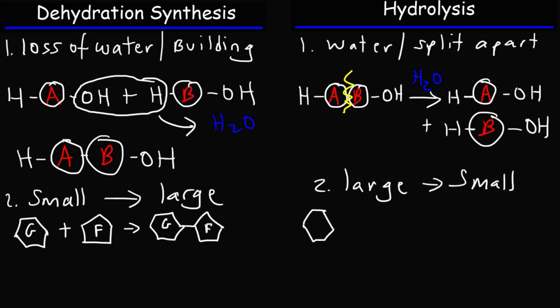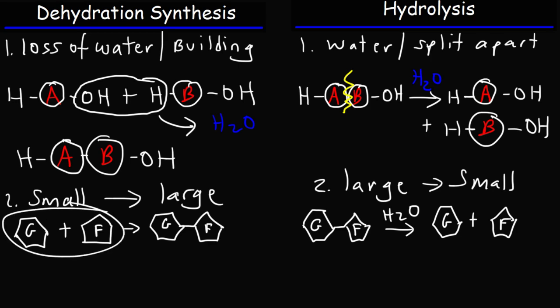So if we take the disaccharide sucrose, and then if we add water to it, we can break it down into glucose and fructose. Now granted, you might need an acid catalyst to accelerate this reaction, but you'll need water in the net equation to break down sucrose into glucose and fructose.